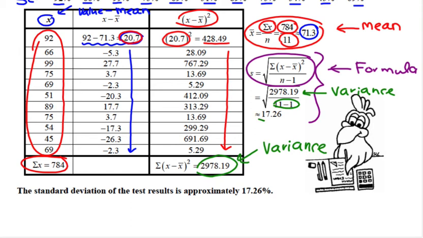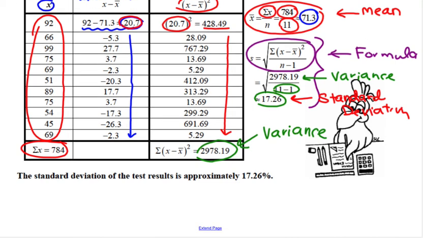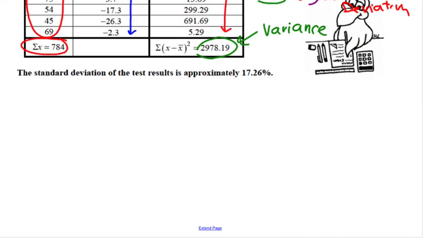You're going to square root that answer, and you get approximately 17.26. This is your standard deviation. All right, so here's what this means. The standard deviation of the test results is approximately 17.26% away from its mean.